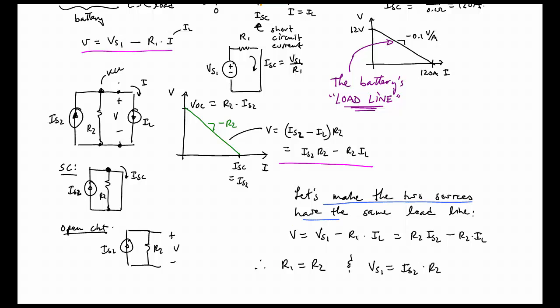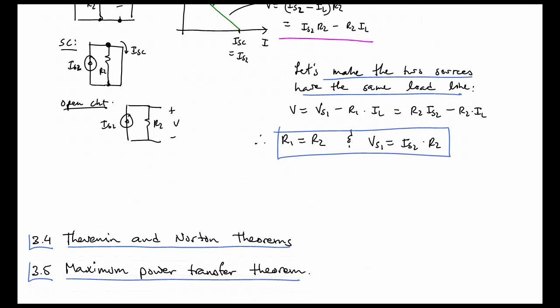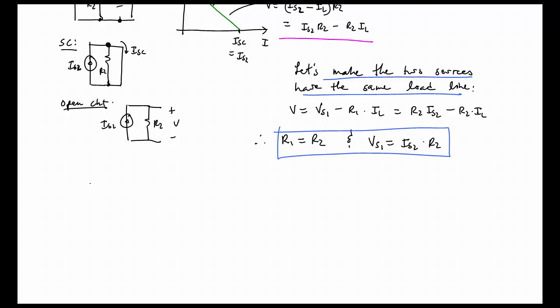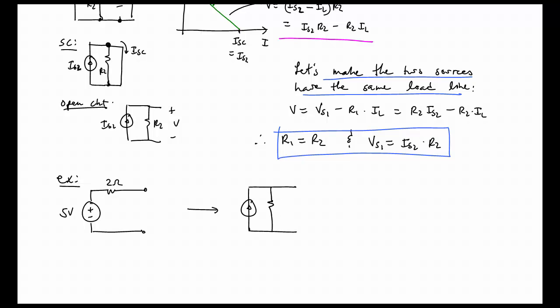Okay. So this is actually really easy to carry out. Let me show you. So suppose that we have a source, it's 5 volts and we have a resistance that's 2 ohms, and we want to drive an equivalent source that has the same load line but that uses a current source.